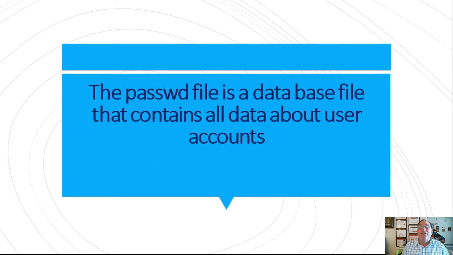What the password file does do is act as a big database file that contains all the user data about the user accounts. If you remember what a database is, databases are made up of records, and each record is made up of fields. The way the passwd database is arranged, every line is a record, and all of the variables on that line, which are separated by colons, are a field.